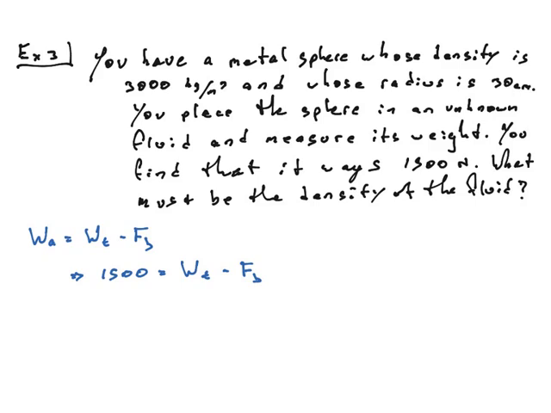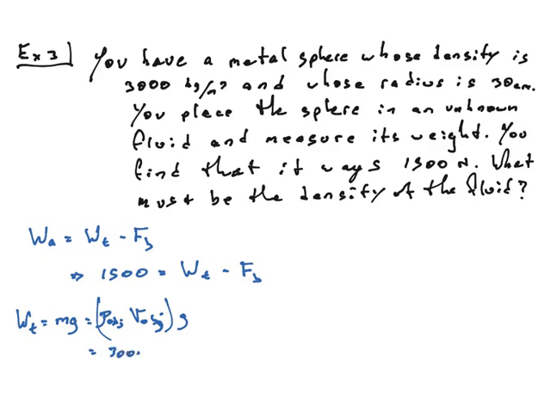Well, let's do what we did before. Let's find the true weight. Let's find the buoyant force and see what happens. True weight, again, is mass times gravity for the object. We don't know the mass of the object, but we know its density, so it's rho object, volume object, that's mass, times g.